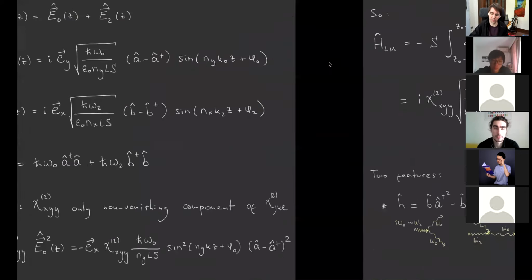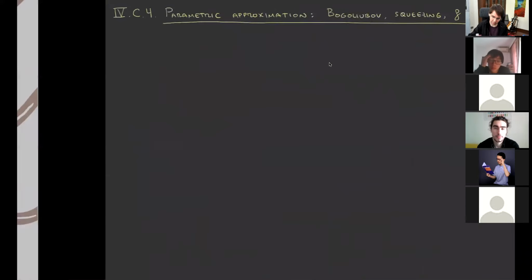And that's essentially the parametric approximation. So let me write it down carefully.